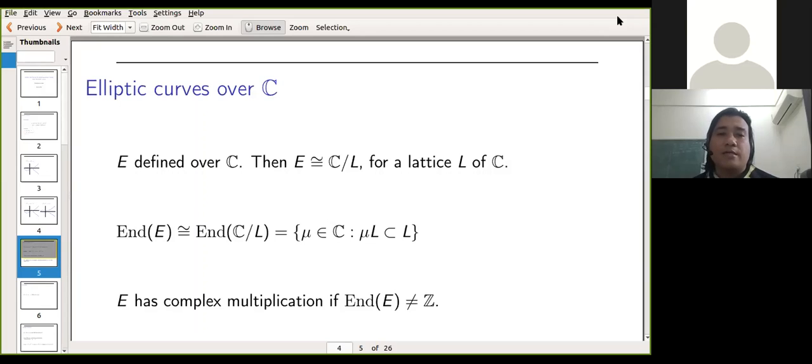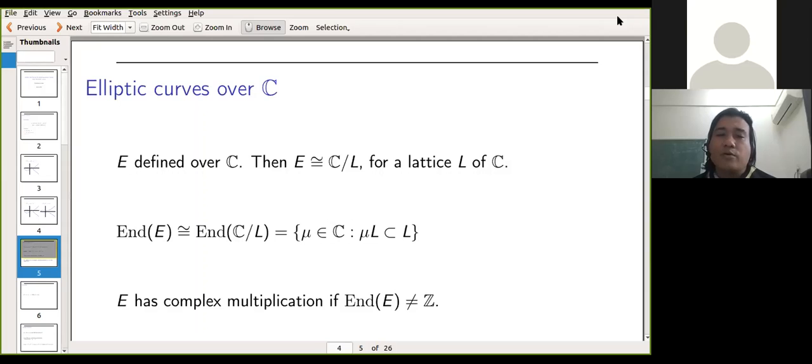And the second one, so the endomorphisms of C mod L, it has a very nice and very clean description, as you can see. So it will be all those complex numbers mu, such that mu times the lattice L is contained inside L. Okay, so what are some special endomorphisms? So I can take all integers here.